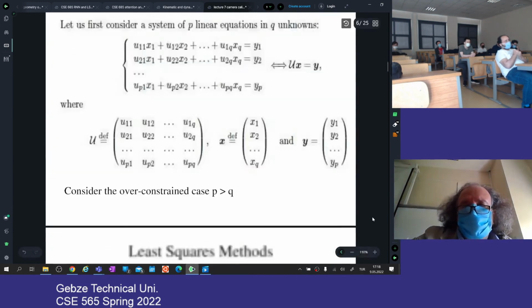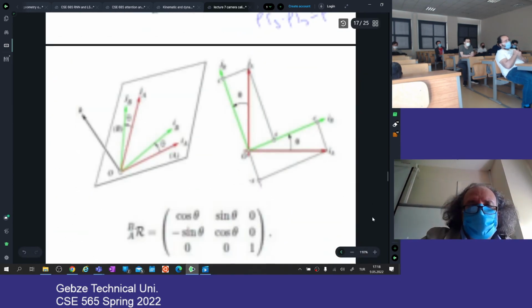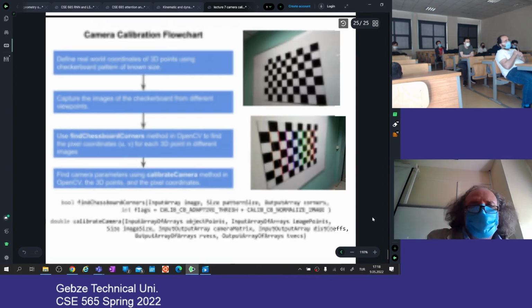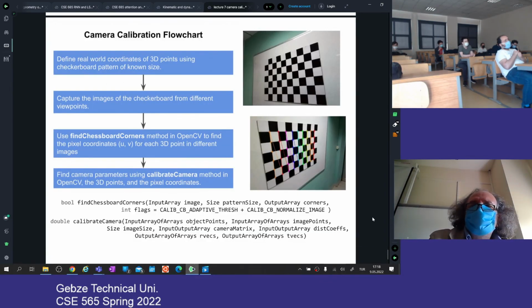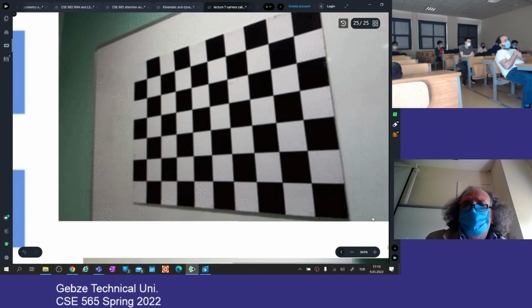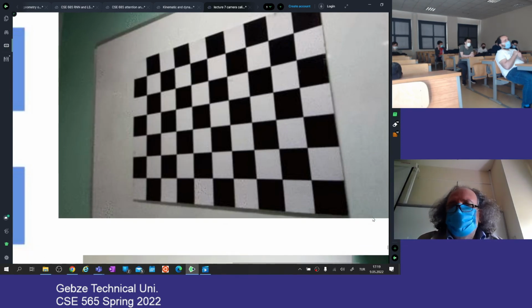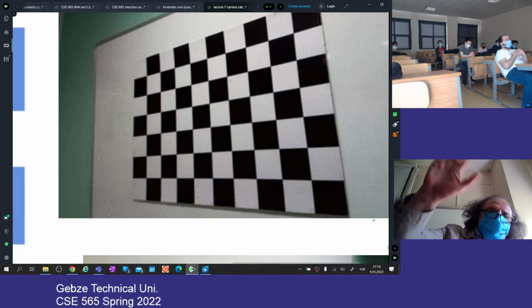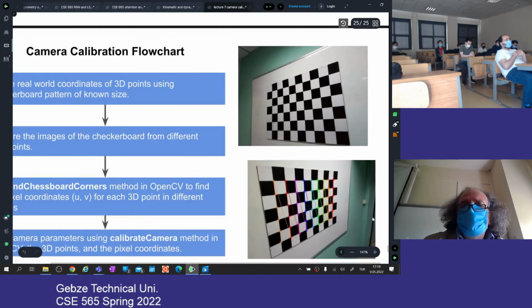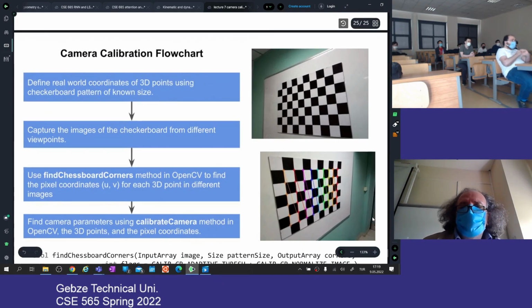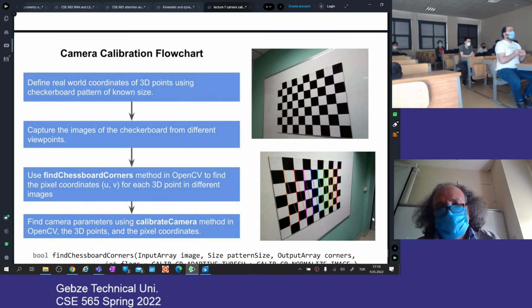OpenCV does it in a different way. OpenCV does it this way for the camera calibration. It says to print a checkerboard pattern like this on a plain paper and put this on a planar board. It has to be rigid. Show this to your camera using different orientations, different angles, and different positions.